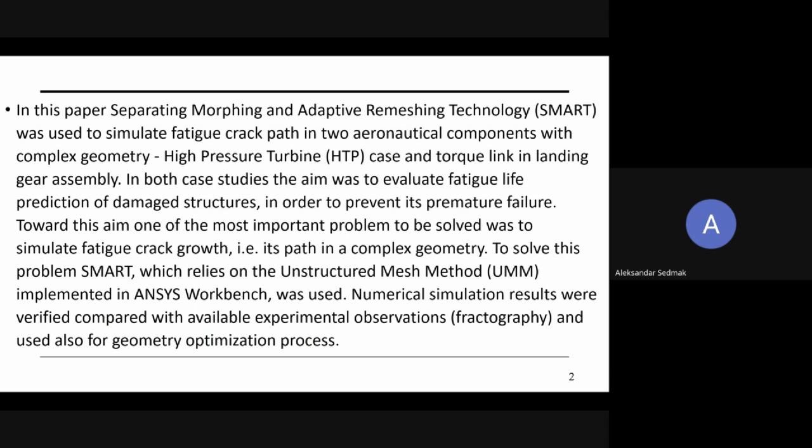They both experienced some cracks, and numerical methods were used to simulate those cracks to find out the number of cycles, of course, as the main goal, but also to find out if crack paths are simulated in a proper way.